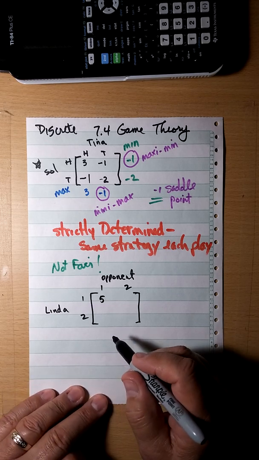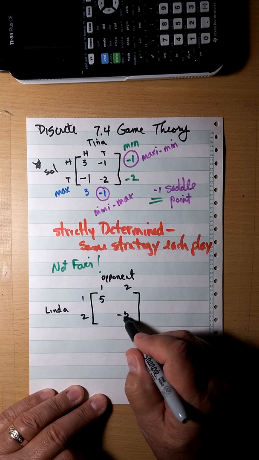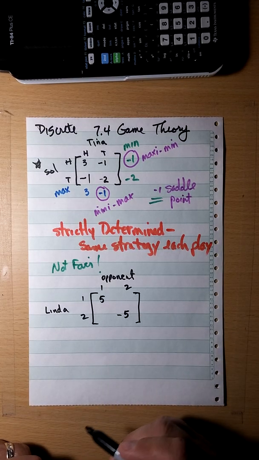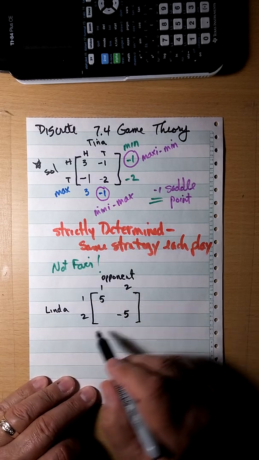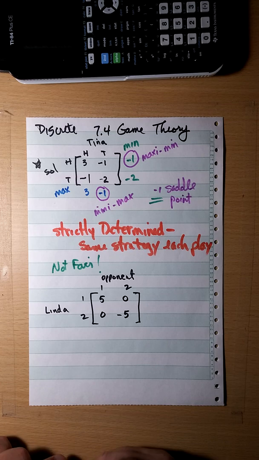And if the sum is 4, then Linda loses 5. She'll pay whoever the opponent is. And if it's 3, 1 and 2, or 2 and 1, then nobody wins. It's a draw. So Linda's asking you, as you're being the consultant, what should the strategy be for this situation?